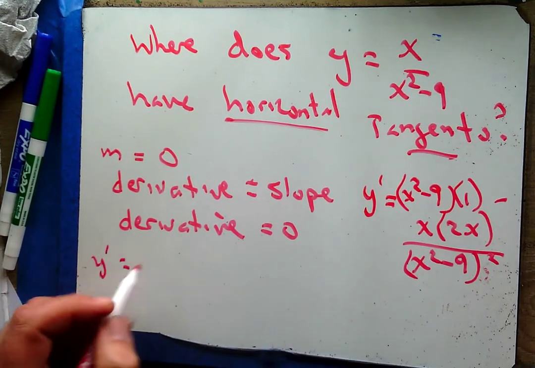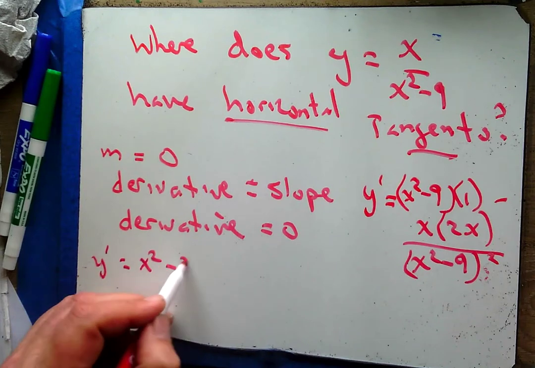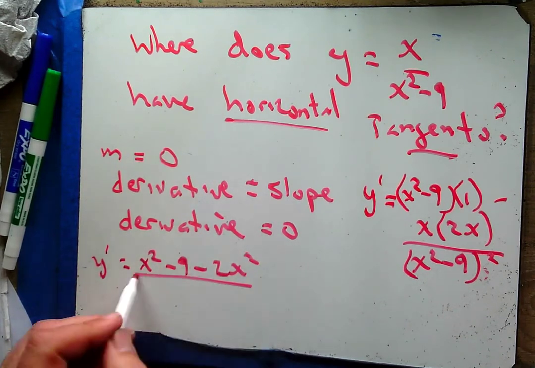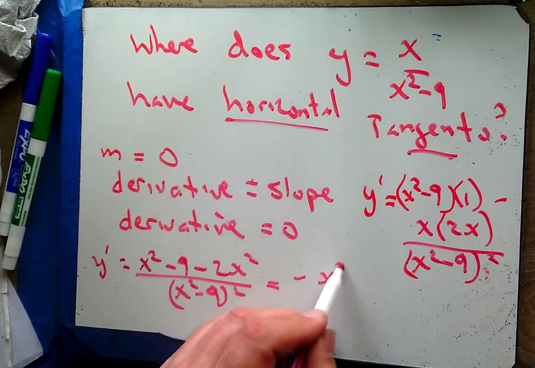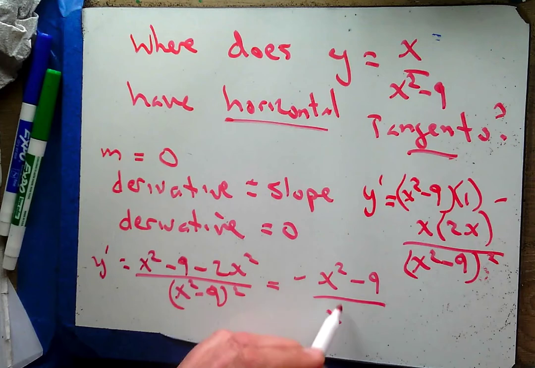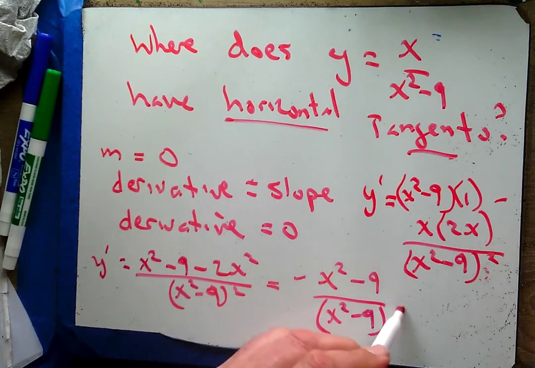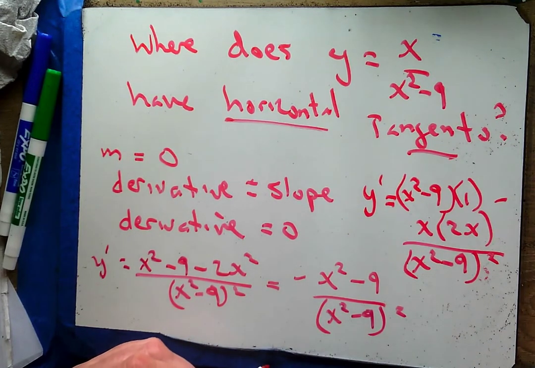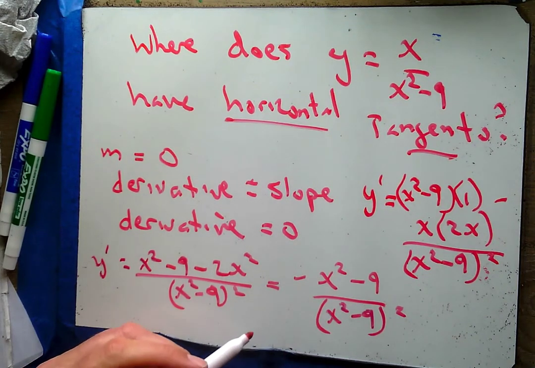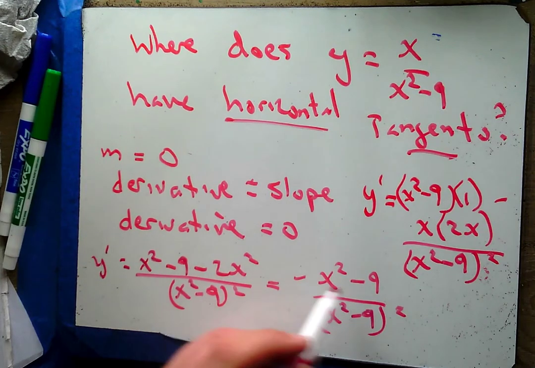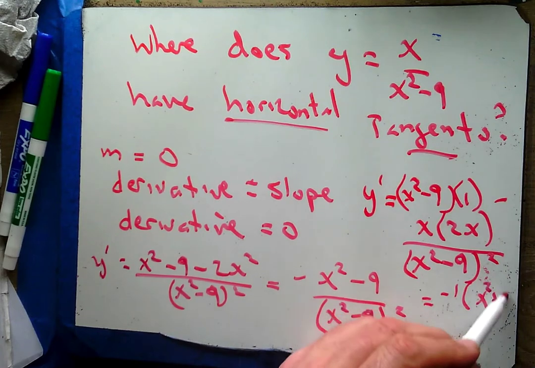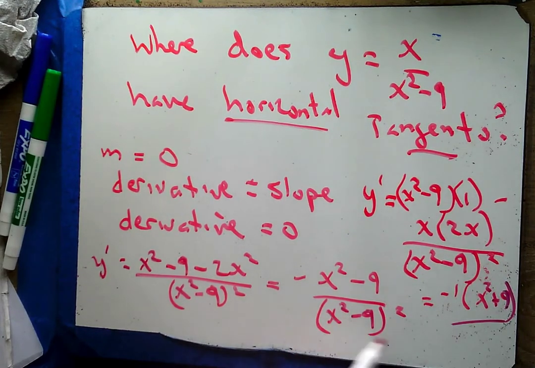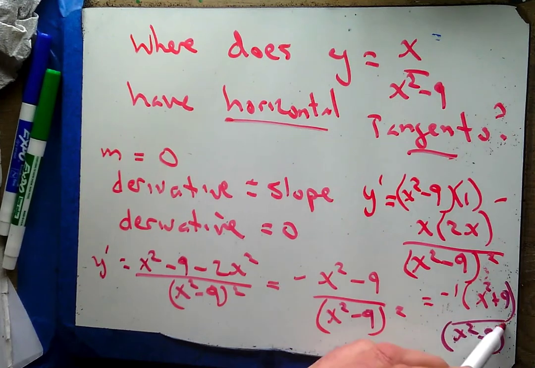So that y prime tidies up to x squared minus 9 minus 2x squared over x squared minus 9 squared, or negative x squared minus 9 over x squared minus 9 squared. I think I did that right. If I pull a negative out of here, I have x squared plus 9. And on the bottom, x squared minus 9 squared.